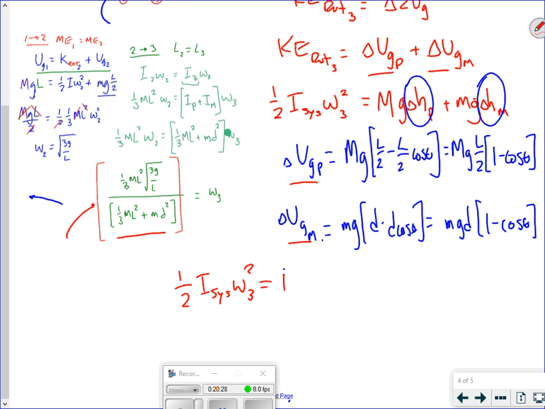All right, so that's big M G L over 2, 1 minus cos theta plus little m g d, 1 minus cos theta. You can actually factor out a g and a 1 minus cos theta.